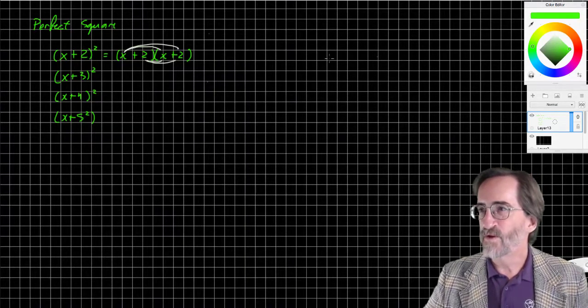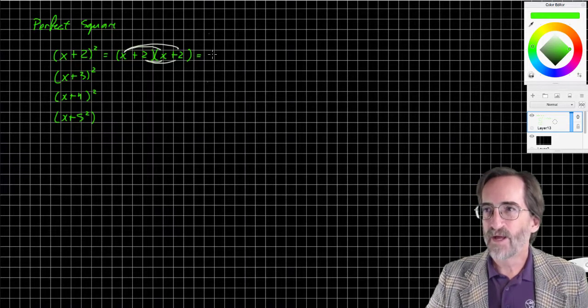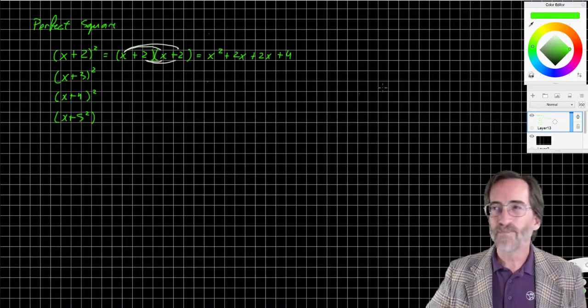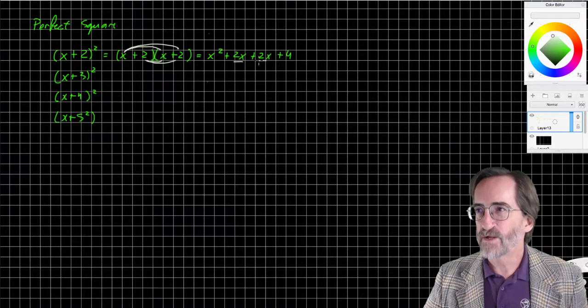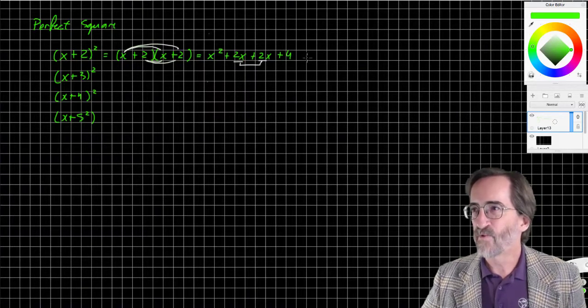And we get x squared, 2x, 2x, and 4. Then when we regroup, we notice that we have two like terms, 2x and 2x in the middle. 2x and 2x are 4x. So this is x squared plus 4x plus 4.